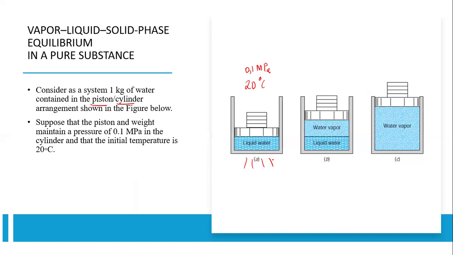Because when you heat something, temperature is rising. That's what you would expect. But if the system is open, the temperature won't necessarily increase. The temperature can increase, remain the same, or decrease if the system is open. I want you to understand that, okay?